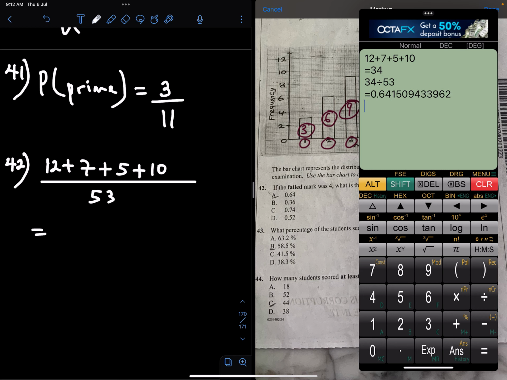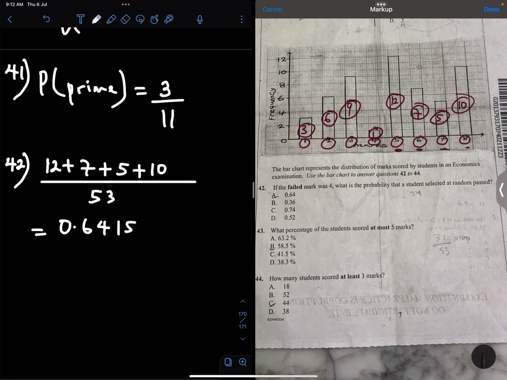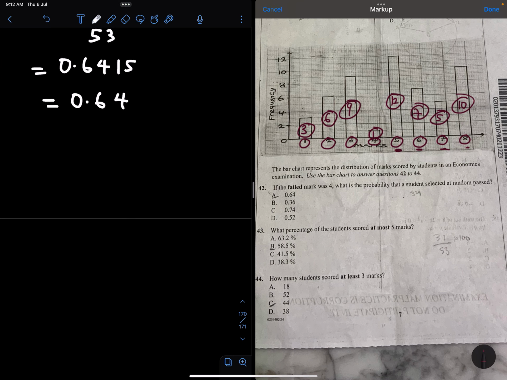That's 0.6415. The options are given correct to 2 decimal places, and that's 0.64. The correct option is A.